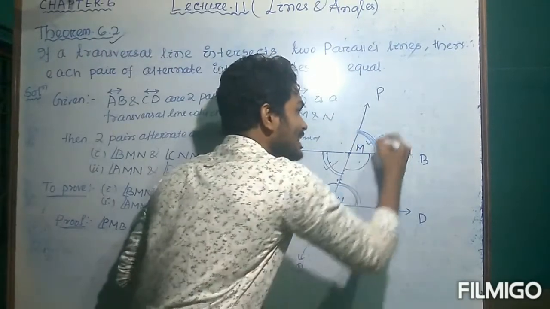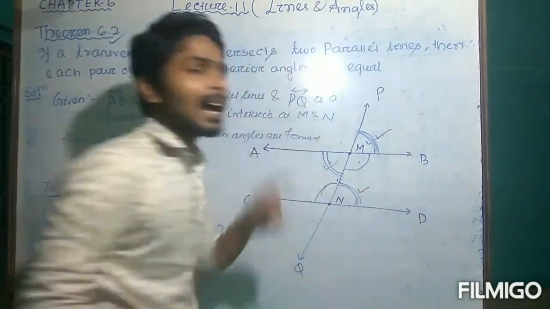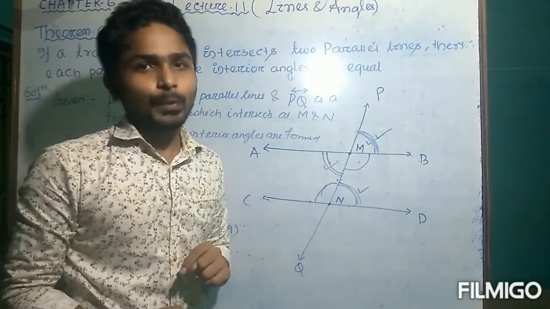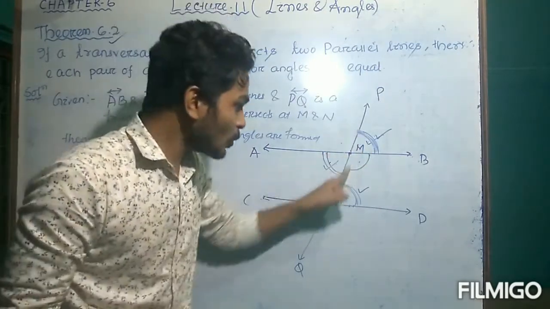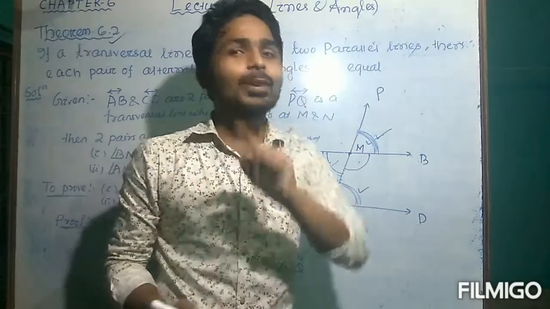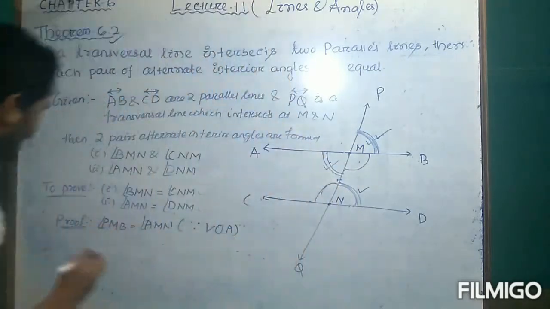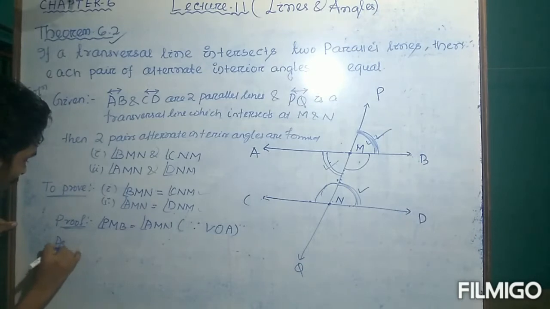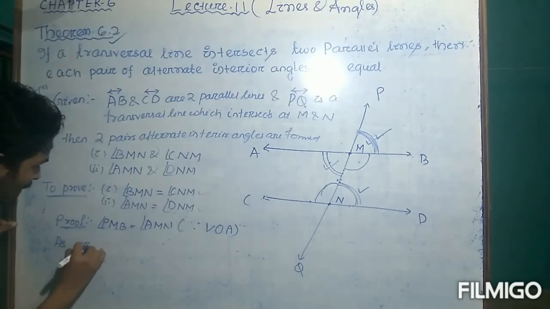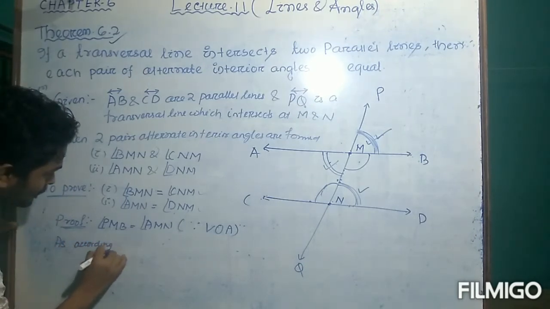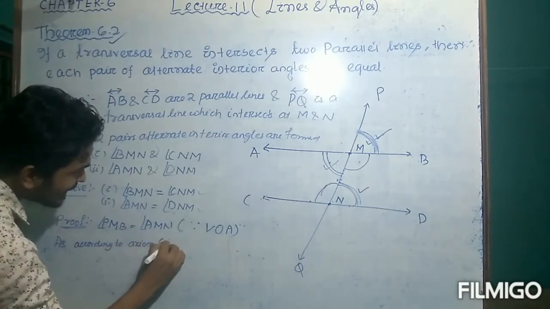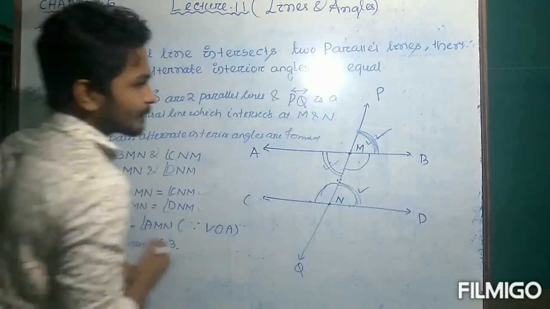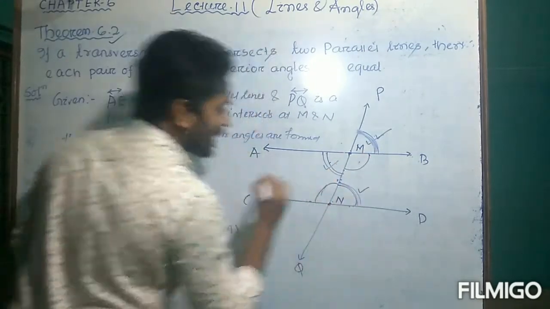So this angle and this angle are corresponding. According to axiom 6.3, the two corresponding angles are equal. So according to axiom 6.3, this angle and this angle are equal.